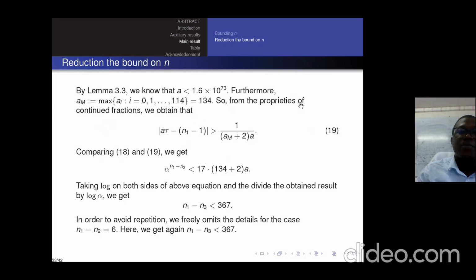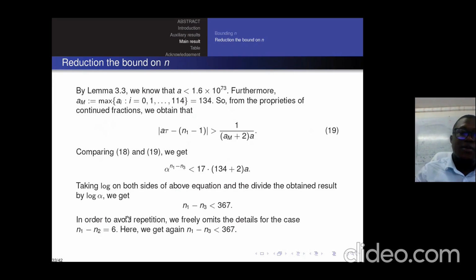So from the properties of continued fractions, we will obtain this inequality 19. And comparing 18 and 19, we will get this inequality, and taking log on both sides, we will get finally that n1 minus n3 is less than 367.